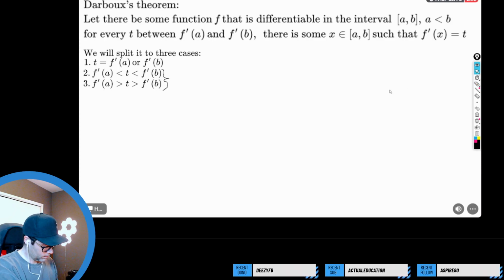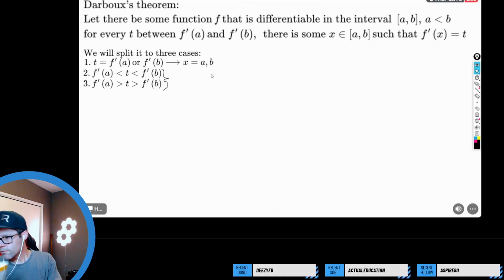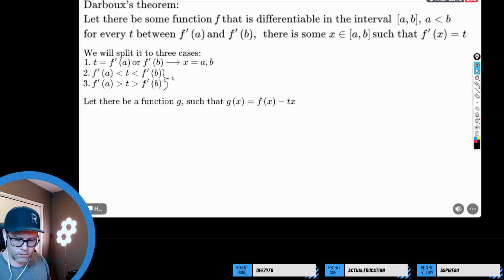So we actually know the first one, it is just x being a or b, which is the simplest of them. So let's prove it. Now we can define a function like this. And the idea is that we can take the derivative of the function and be left with the derivative minus t. So we just added tx.